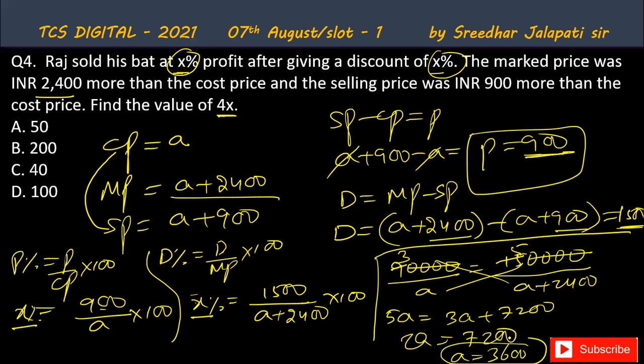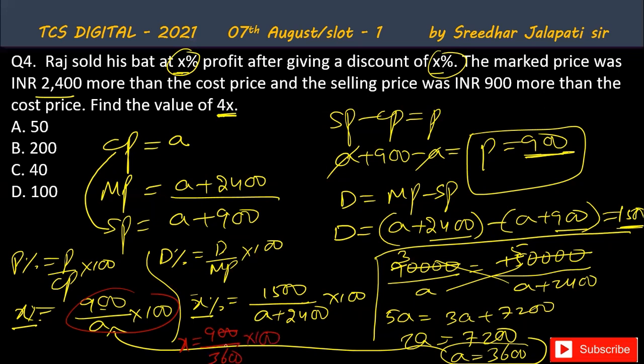A is nothing but the cost price, but we are asked to find 4x. To find 4x, first we have to find x. As we got the A value, let us substitute it in this equation. If I substitute A is equal to 3600, this becomes x is equal to 900 by 3600 into 100.